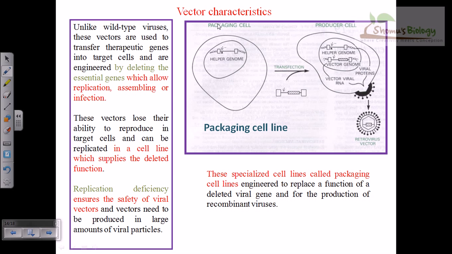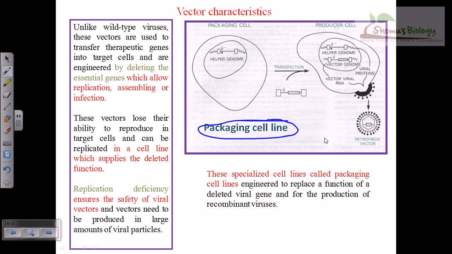Now the vector characteristics: unlike wild-type viruses, the vectors are used to transfer therapeutic genes, by deleting the essential genes which allow replication, assembly, or infection. Here you can see the concept of a packaging cell line, which is very important. We need to produce this viral vector, and for its production we must have a packaging cell line where these viral vectors will be packaged.